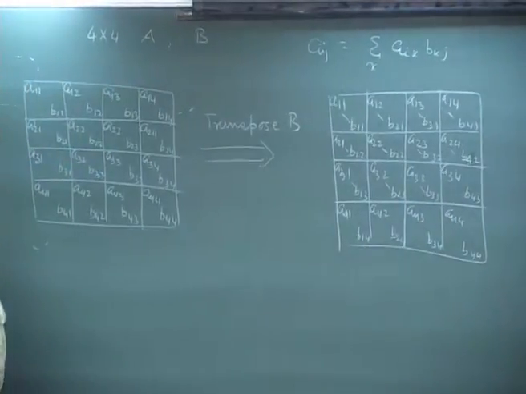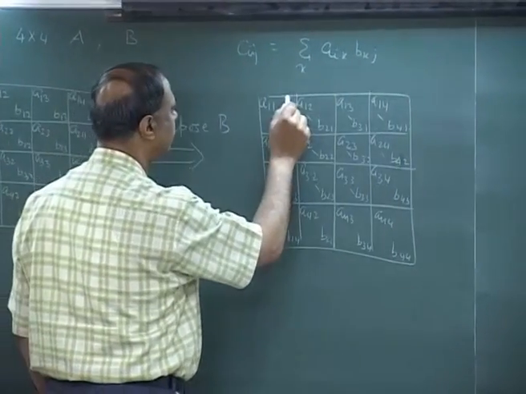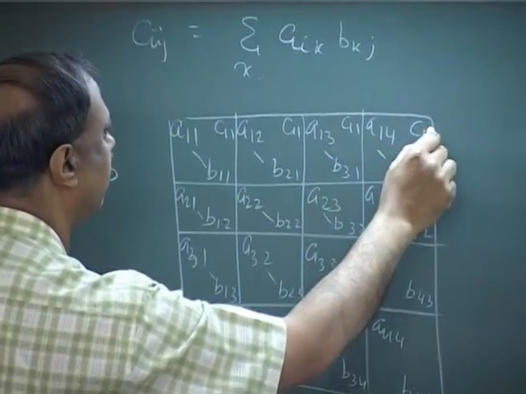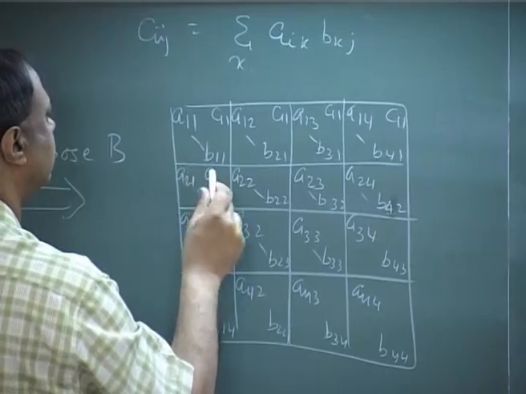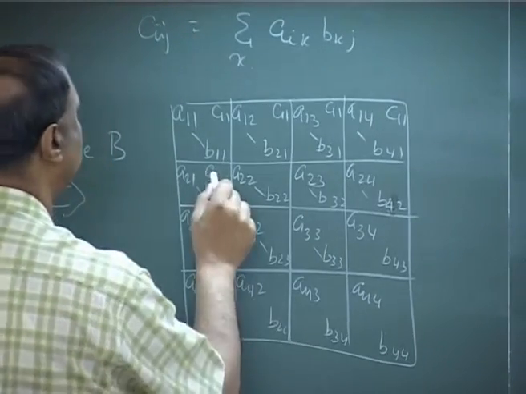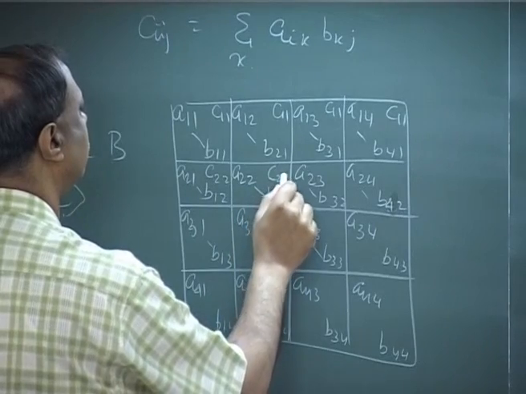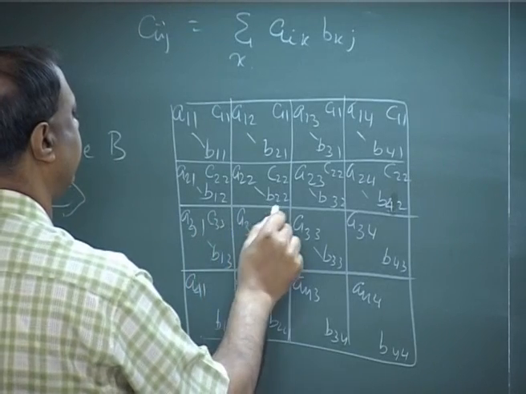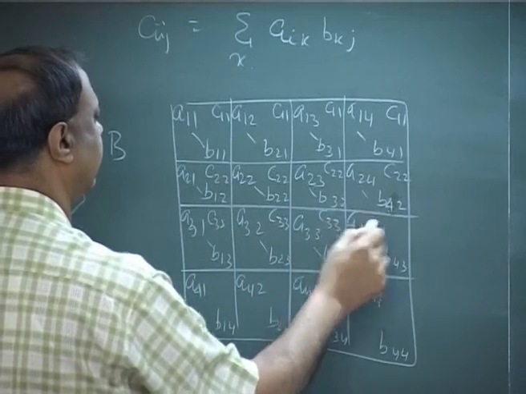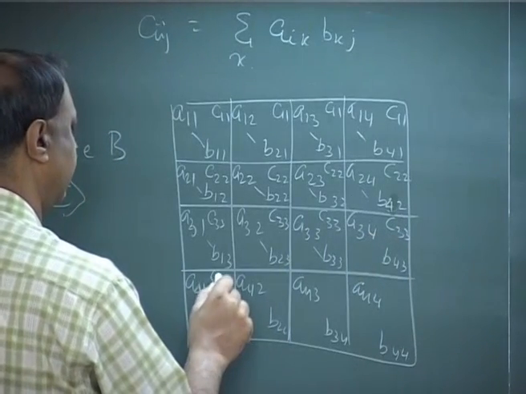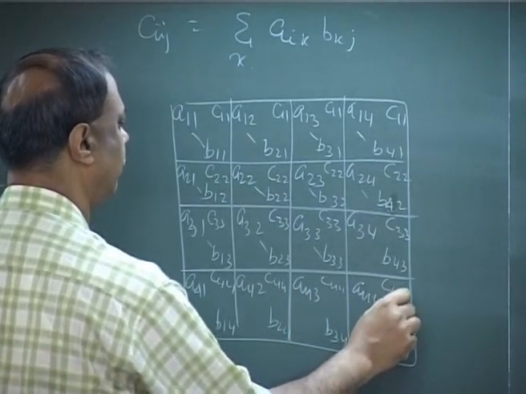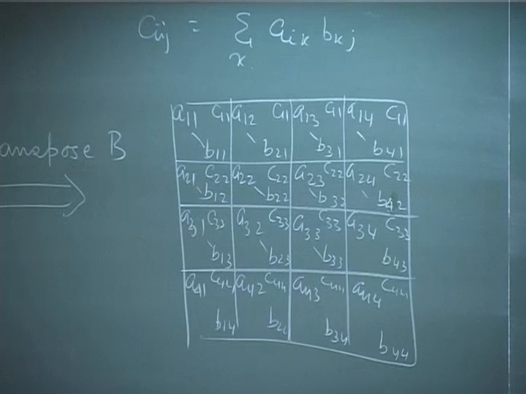Right? If I multiply, this gives you the product for C11, this gives you C22, this gives you C33, and this gives you C44. So in the first multiplication you get the diagonal elements.